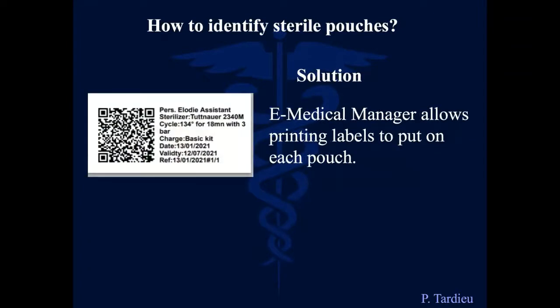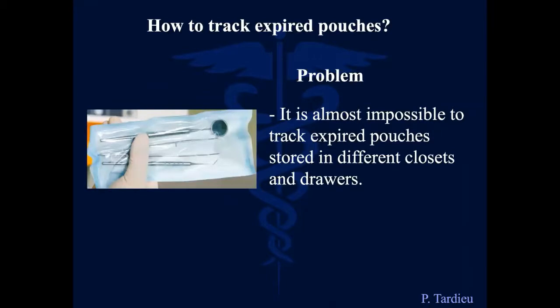The solution is to use pouches which are labeled. And knowing that we have that on the label, we can do the tracking of the pouches and know where we are and how to do. Of course, I'm going to explain that to you. If you don't do that, and if you just say, okay, we've been making sterilization, I put my instruments there with pouch or without pouch, how do you want to know if your pouches are expired or not expired if you don't have a way to do it in a digital way?